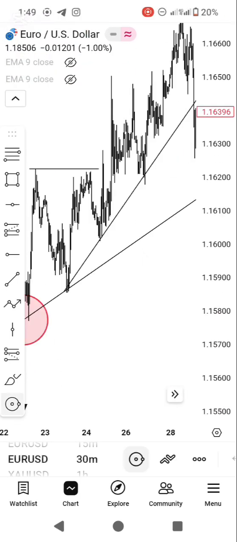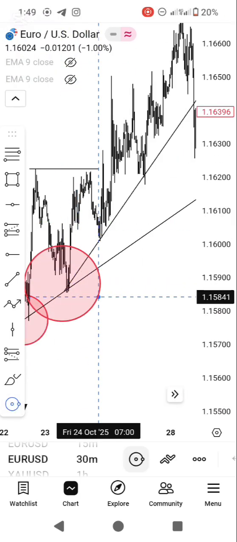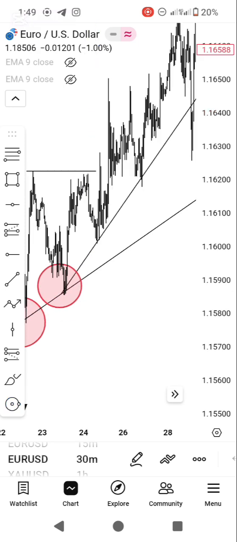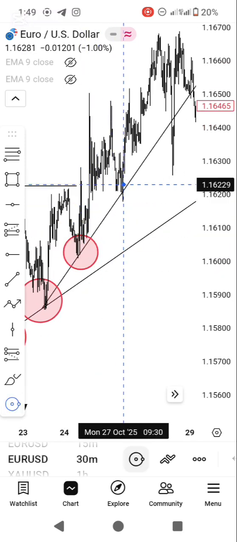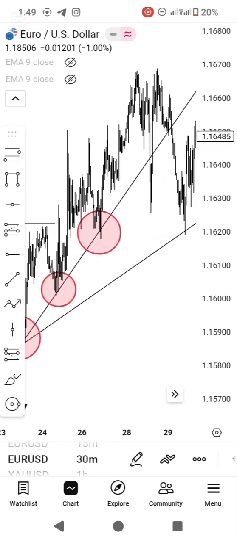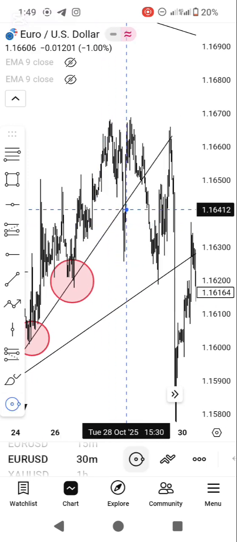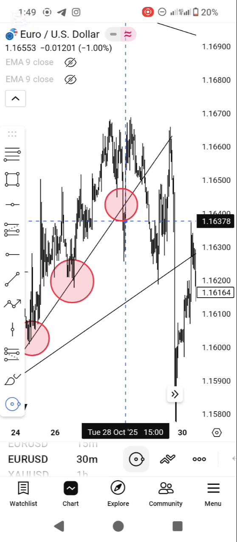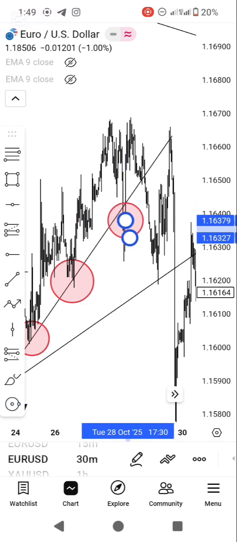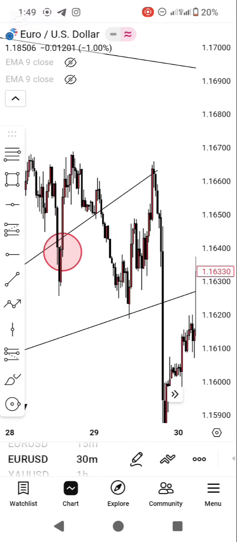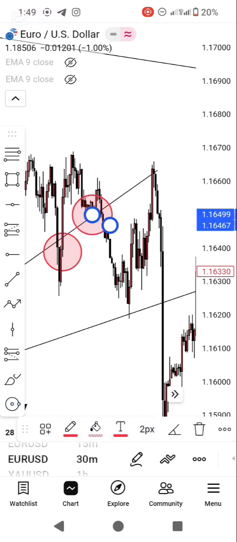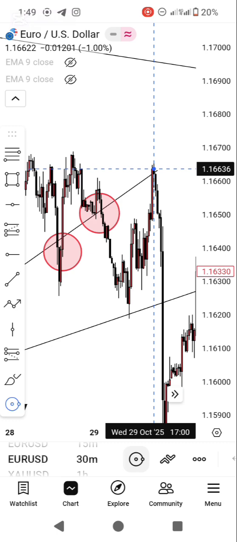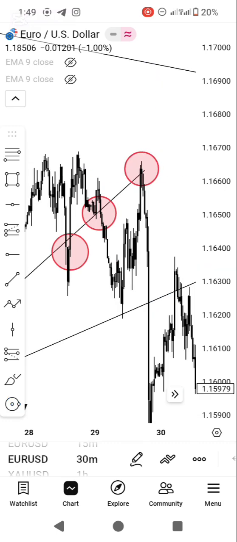So we have this to be our first touch point, second, third, fourth, this entire area. Okay, this was a fake out. And then what happened? See, price broke on the fifth time, retested and what? Sold.